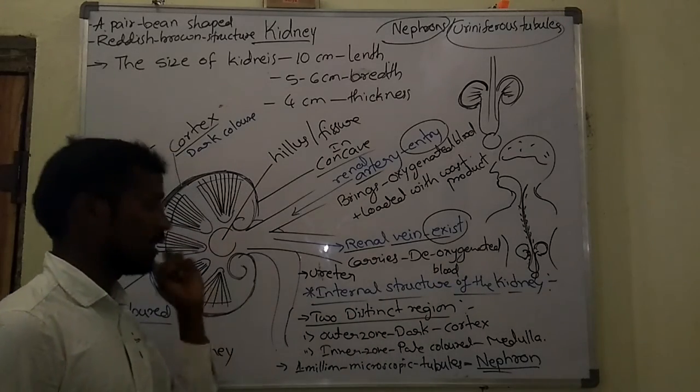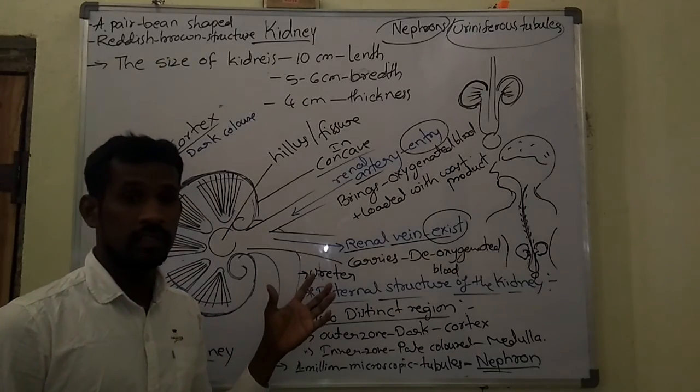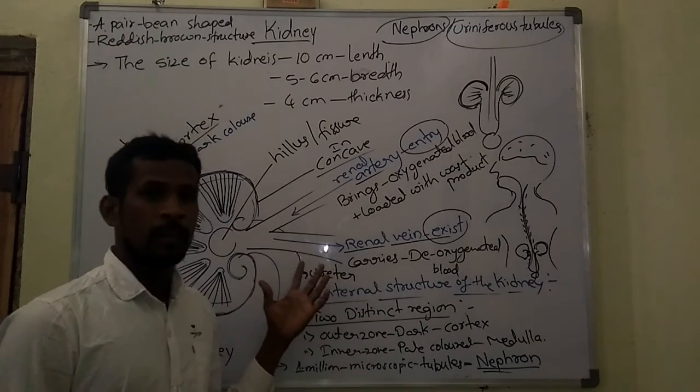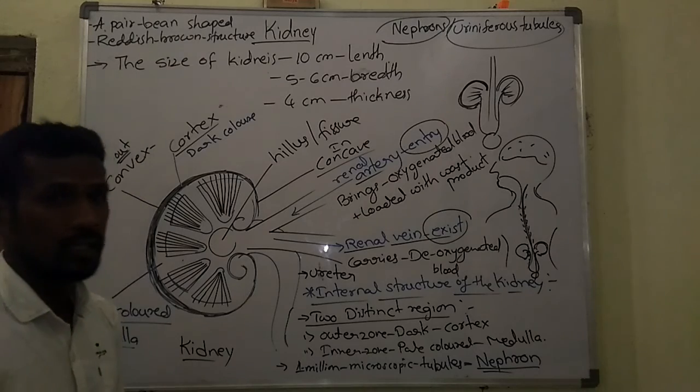The waste products generated in various organs of the body are filtered and removed by the kidneys.